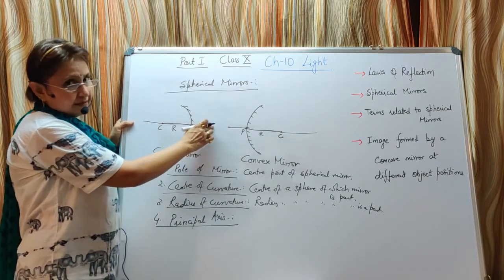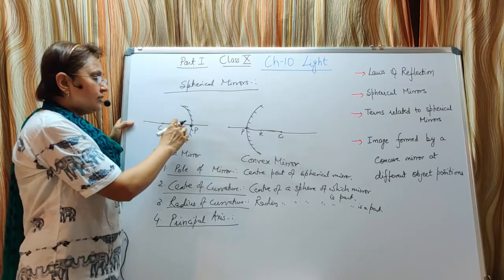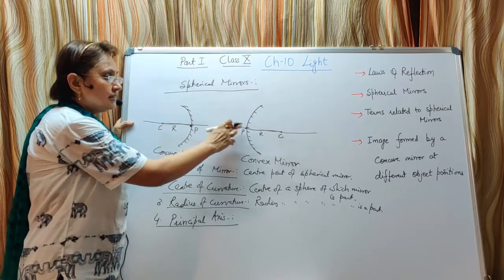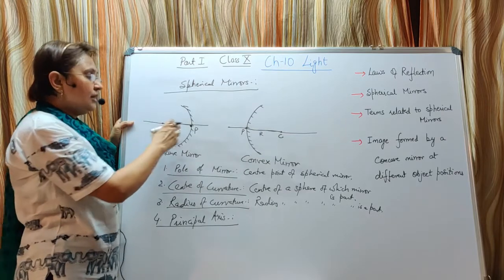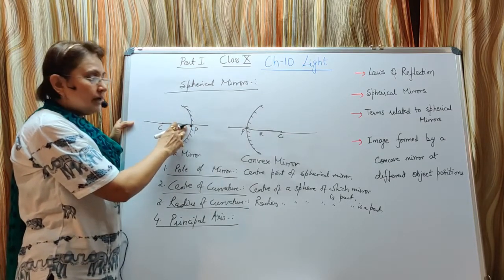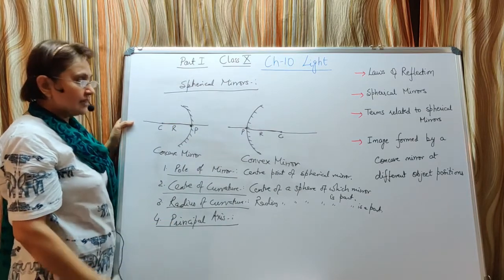This straight line passes through the pole and the center of curvature, and you can see that it is normal to the mirror at the pole. This line we call the principal axis.